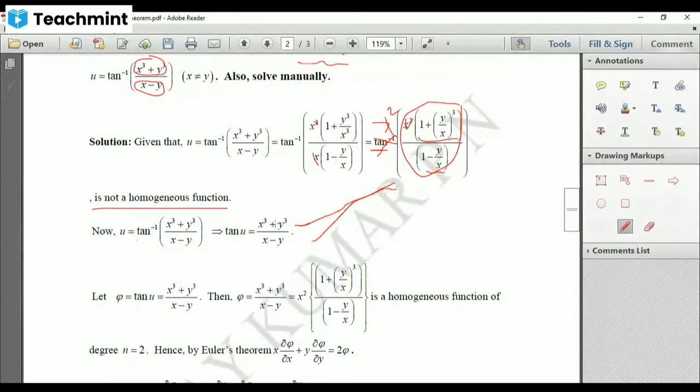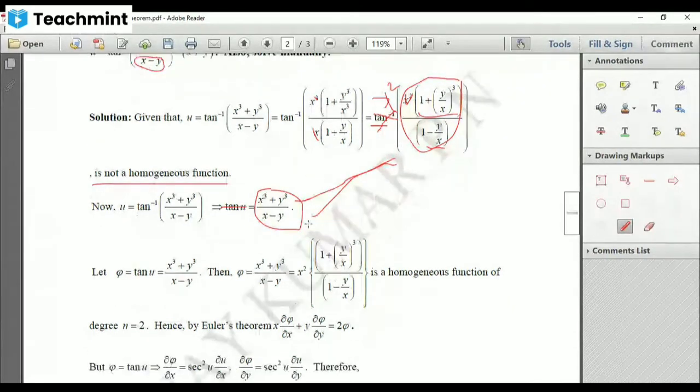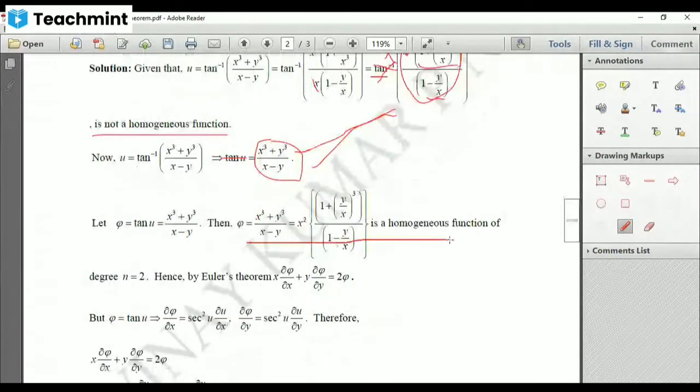So this is a homogeneous function, and it is equal to tan u. For the time being, let us call this phi. So phi is equal to x cube plus y cube divided by x minus y, which can be written as x square into this, and this is a homogeneous function of degree 2.